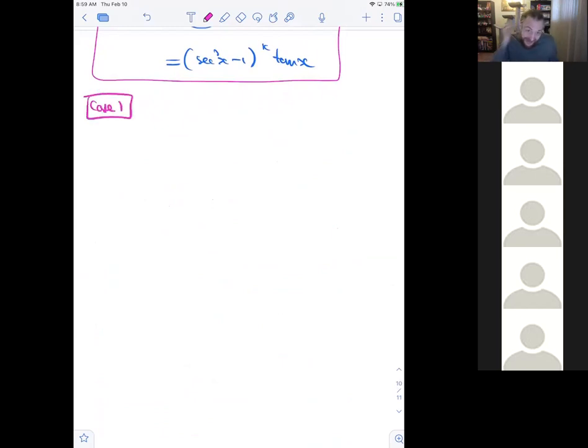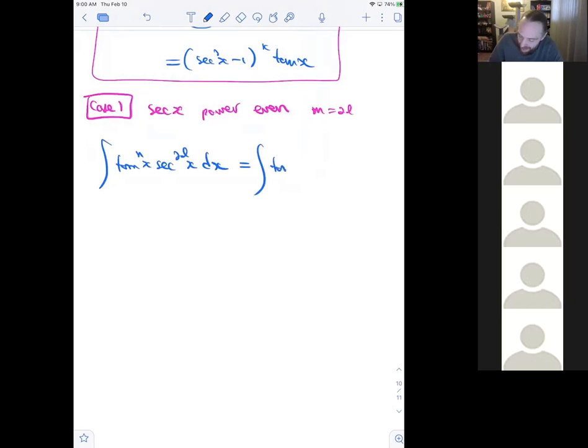If secant is even, I don't care about the tan, I just want the secant power to be even. So that's m equals 2l. Then we get the integral of tan^n x secant^(2l) x dx. Everything will happen just the way that I said.